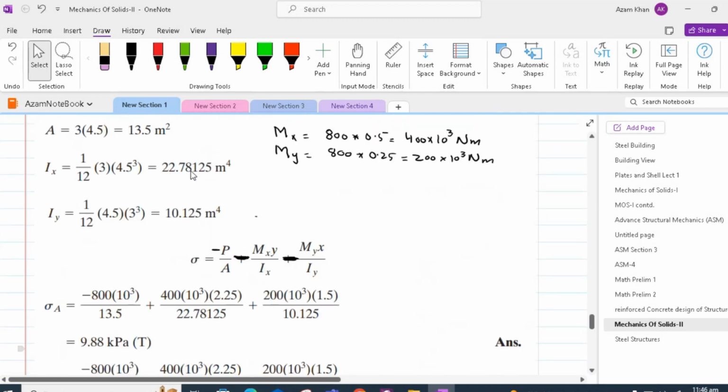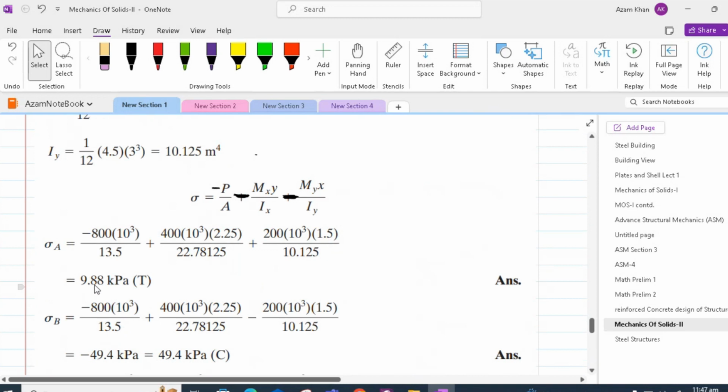Ix is 22.78, Iy is 10.125, and y and x are minus 2.25 and minus 1.5 for the stress at corner A. And that will give us 9.88 kilopascals in tension.